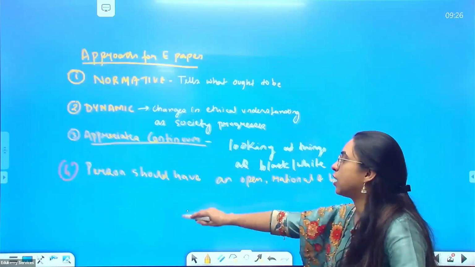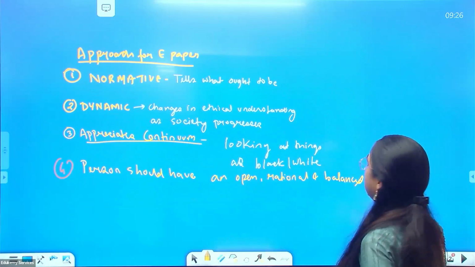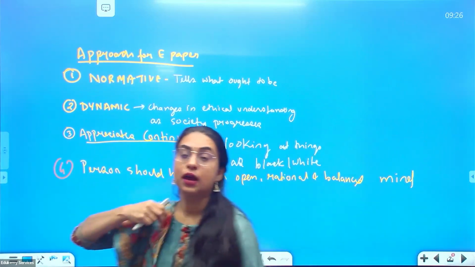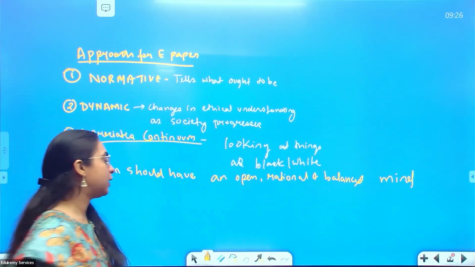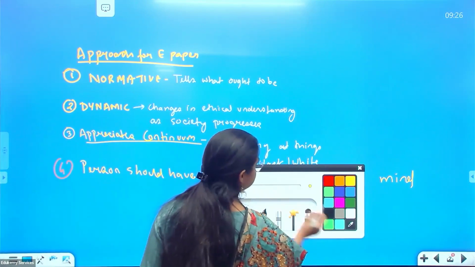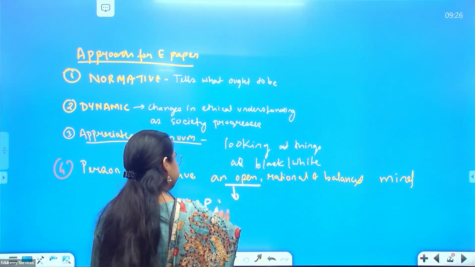A person should have what? An open, rational and a balanced mind. आपका mind कैसे होना चाहिए? आपका mind open होना चाहिए. It should not be closed. You should be open to new ideas. Being open means open to new ideas.